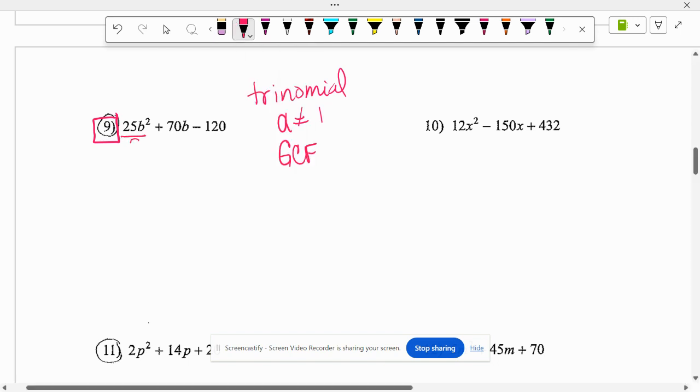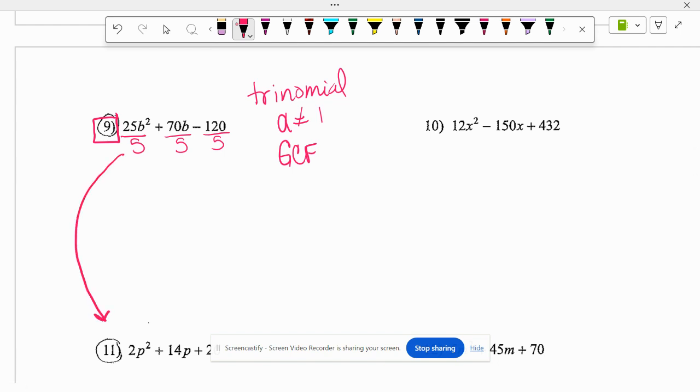So let's see, my GCF is 5. I'm going to take a 5 out of every term. I'm going to drive that all the way down to the binomials because I don't want to forget about it. So 25b squared divided by 5 is 5b squared. 70b divided by 5 is 14b.